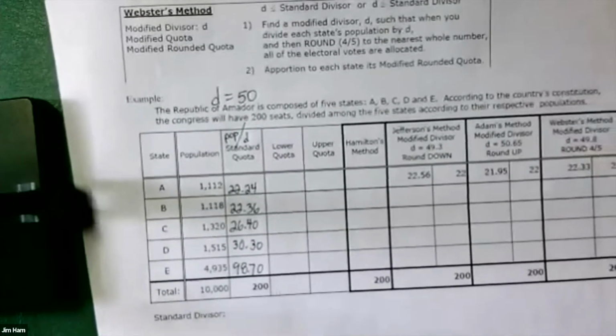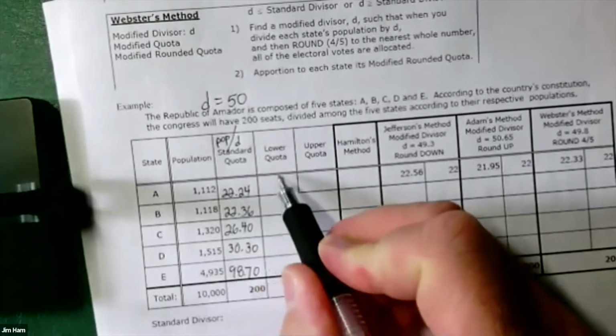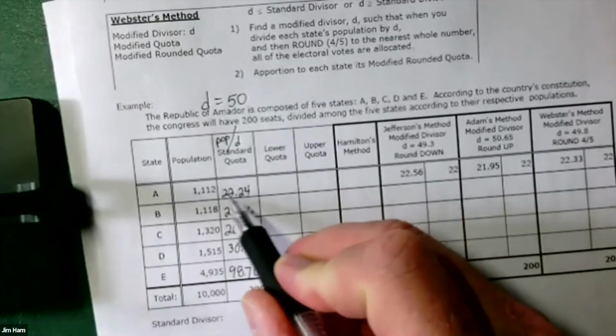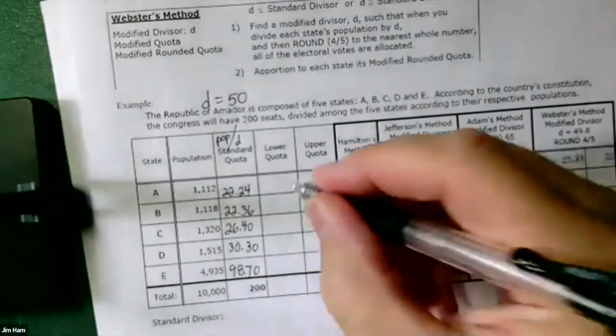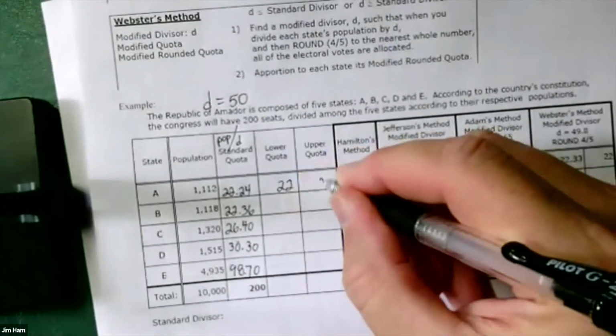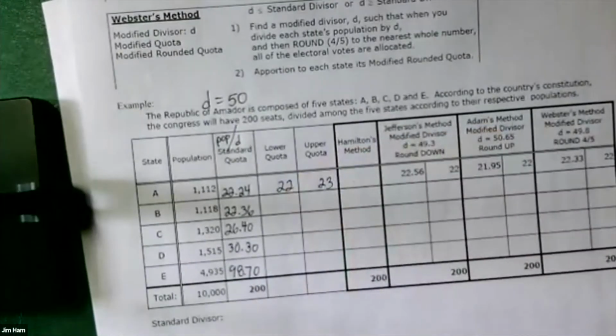This is very easy to do. For the lower quota, just imagine putting that number 22.24 between 2 whole numbers. The lesser whole number is 22, and the upper whole number is 23. So 22.24 is between 22 and 23. So 22 is the lower quota and 23 is the upper quota.